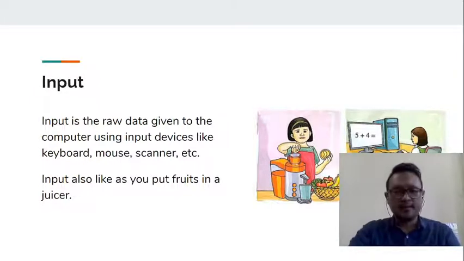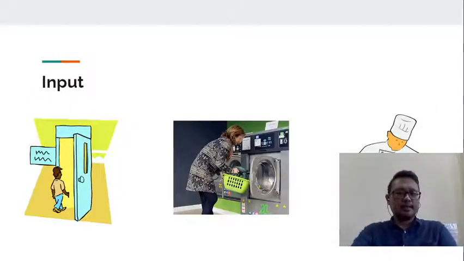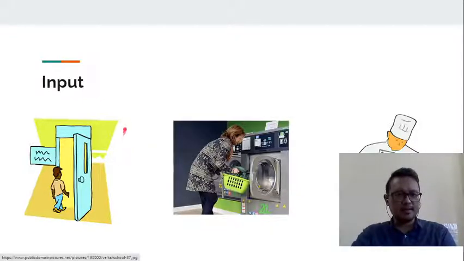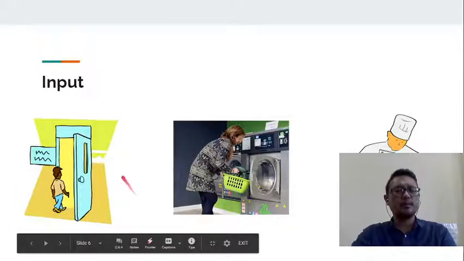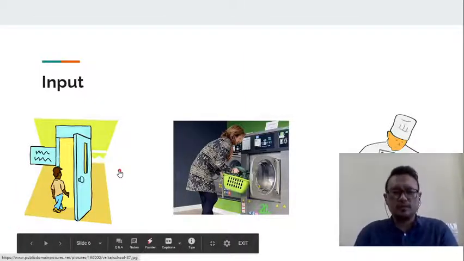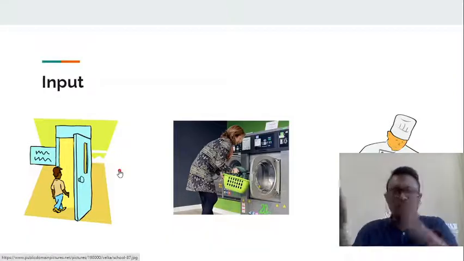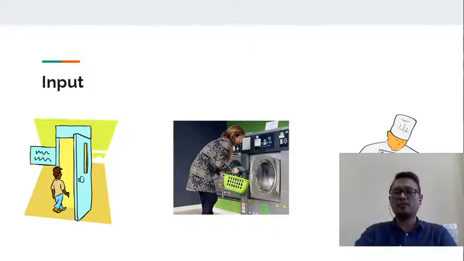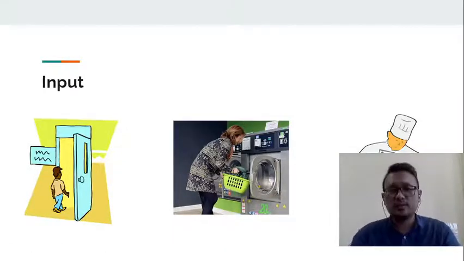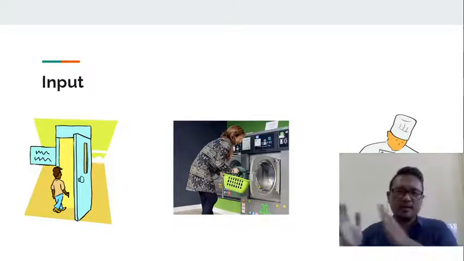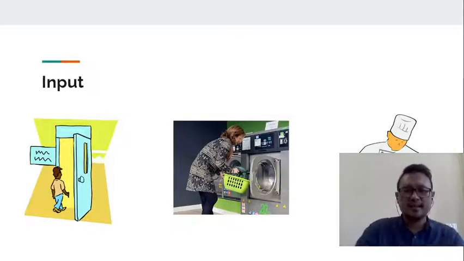Okay, now this is another example of input. What I have explained earlier. You go to somewhere, mall, store, shop, other your relative's house, your grandma's house. Go in from outside, go inside.